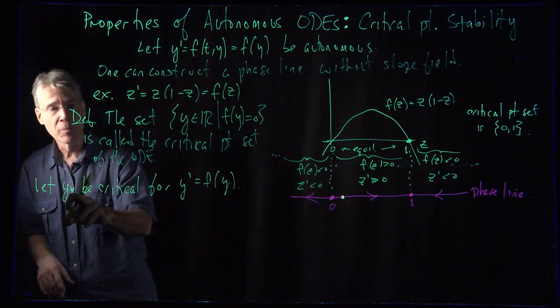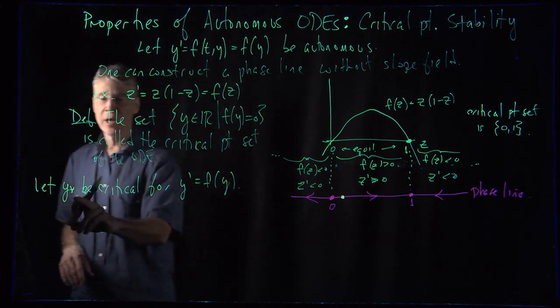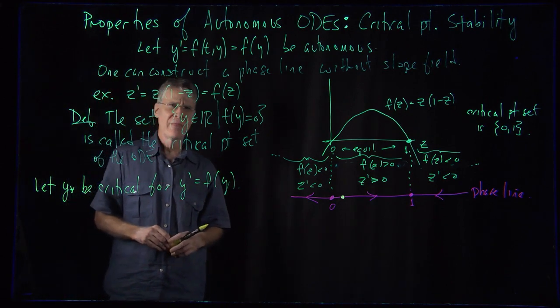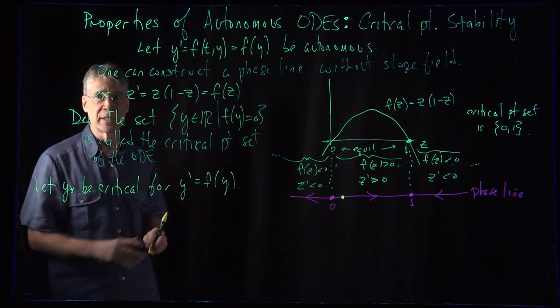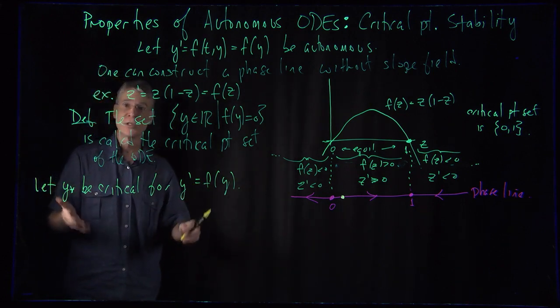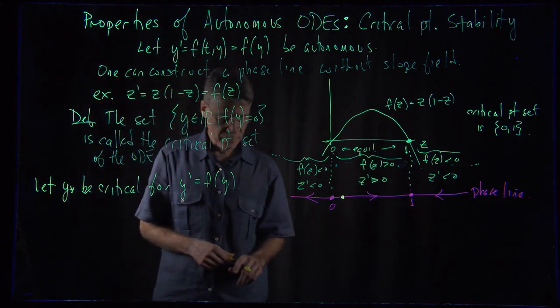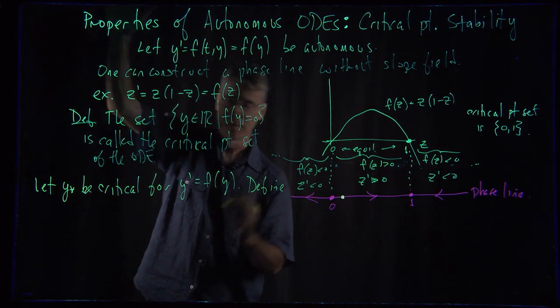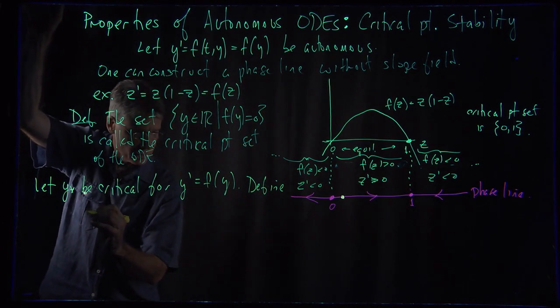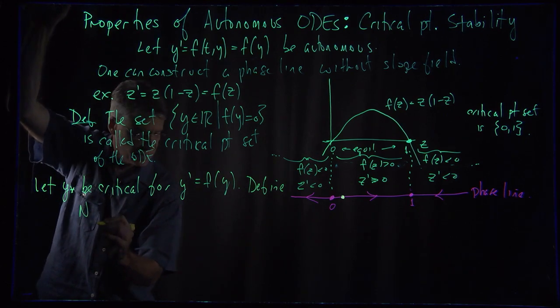And let's say I know a place where f of y is 0, and I'll call that y star, and that corresponds to an equilibrium solution. It corresponds to a critical point for this, but there's an equilibrium solution at that point. Okay. Define, and I'll explain this in a second, but you've seen this before.